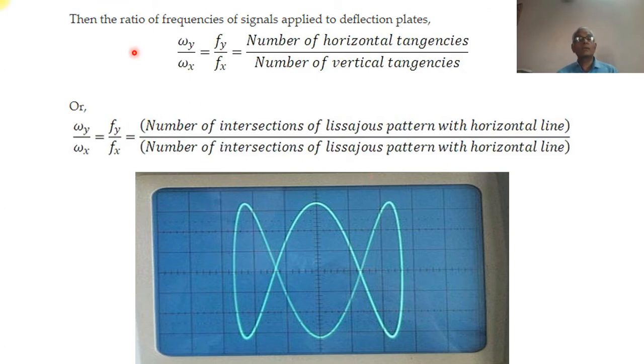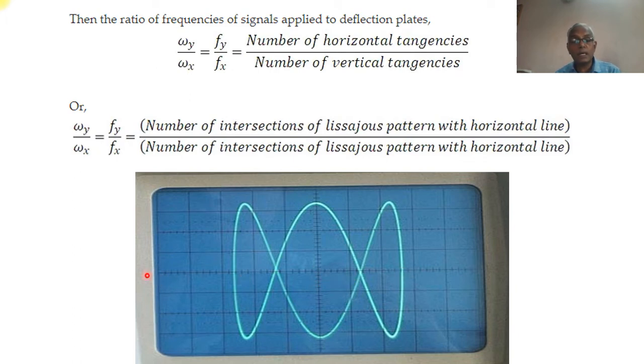So how can we calculate the ratio of the frequency of the signal to the applied deflection plate? Fy upon Fx is the number of horizontal tangencies. Tangency means, in other words, the number of intersections of the Lissajous pattern with the horizontal line. So this horizontal line we can measure.